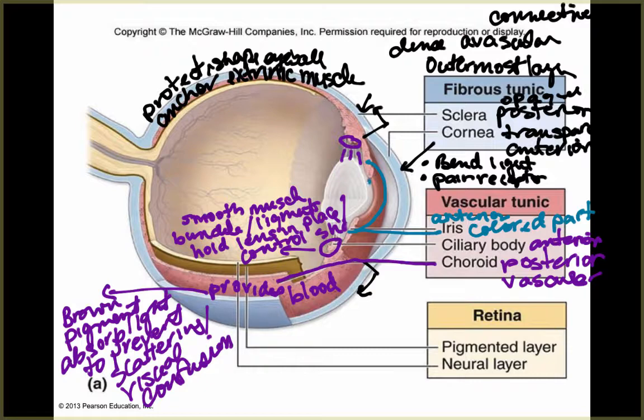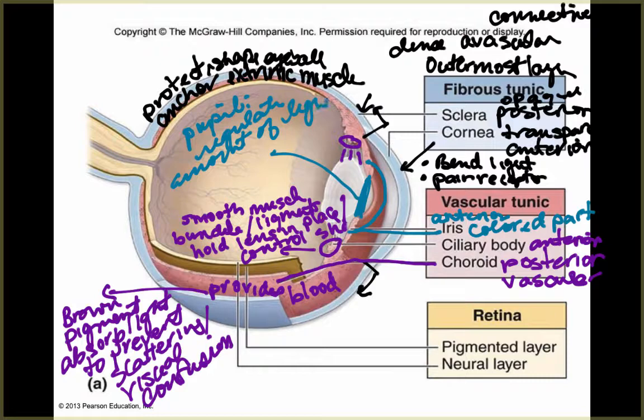Now, in this middle, that part that's right here, that's what's known as the pupil. That's a central opening, and its function is to regulate the amount of light that will enter the eye. And they do that by basically having 2 types of muscles.